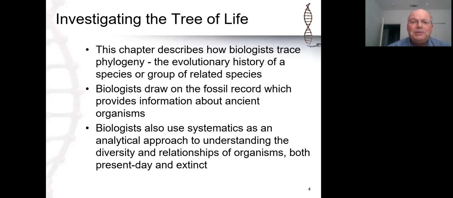And so not surprisingly, over time, we've had to constantly rethink how we do things. And when I introduce you to eukaryotes in chapter 28, a couple of chapters from now, one of the things that I will draw your attention to is the way in which eukaryotes have been recategorized over the course of about the last 15 years or so.